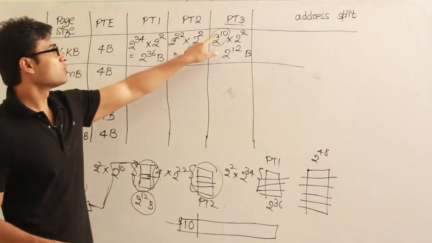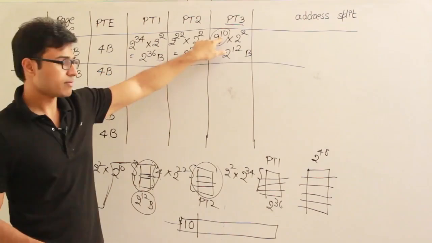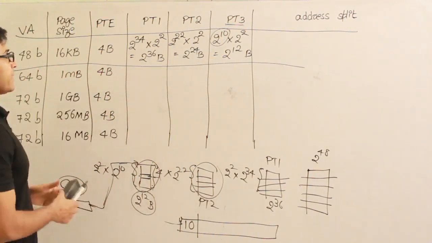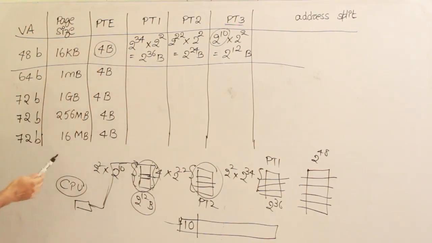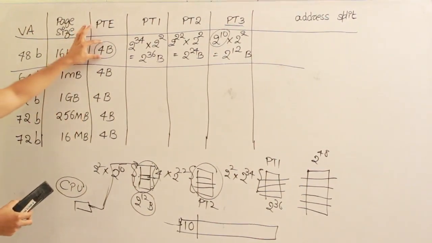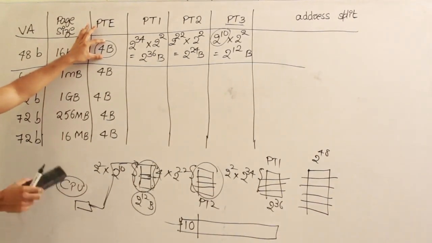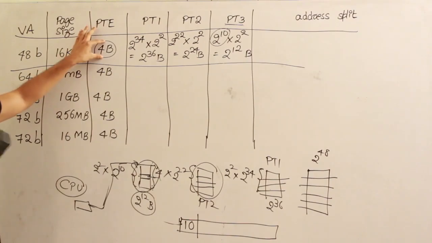That is why I have taken 2 power 10. Got it? This is the total number of entries. But in the next level, all the pages are completely full, and if the page table entry size is 4 bytes, it is very important, try to understand it. If the page table entry size is 4 bytes, then how many entries can we accommodate in one page?